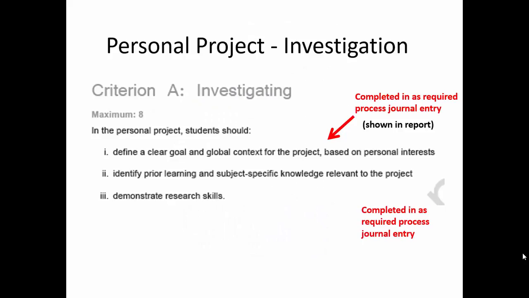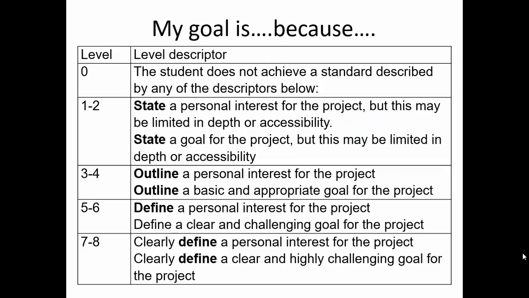These process journal entries are designed to complement your requirement to define a clear goal and global context for the project based on personal interests. So this is why the process journal entries are as they are, because they fit with that strand. The first process journal entry you must do is: my goal is blank blank blank because.